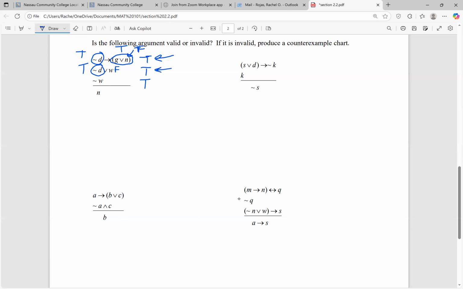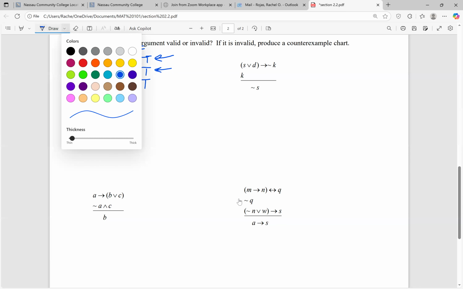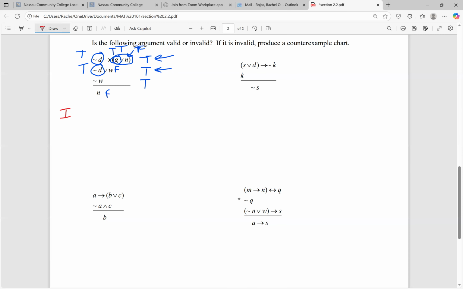Then G would have to be true, because true or false is the only way we're getting a true or statement. But since we're assuming for this instance N is false, then the conclusion would be false. And then that would lead us to say that this argument's invalid, right? Because we would have 3 true premises, but a false conclusion. So this argument is invalid.